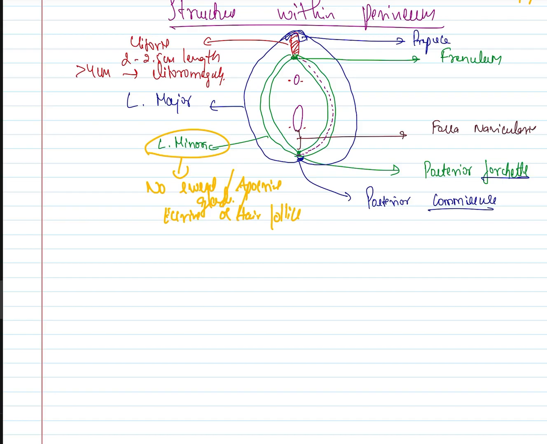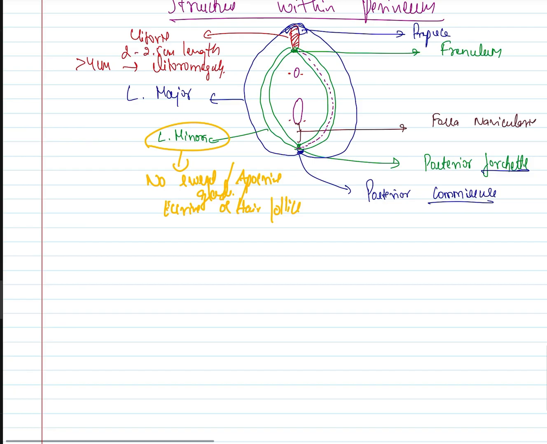And I also told there is something called Bartholin's gland. This Bartholin's gland is present between your labia majora and labia minora. Okay, these are pea-sized glands, and they drain at your 4 o'clock and 8 o'clock position.